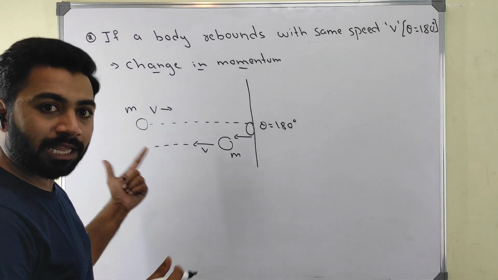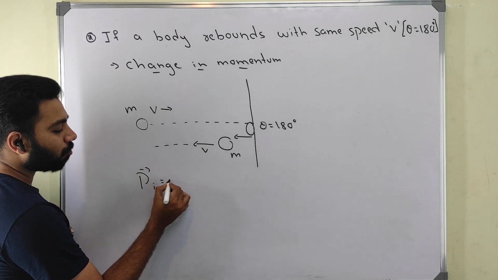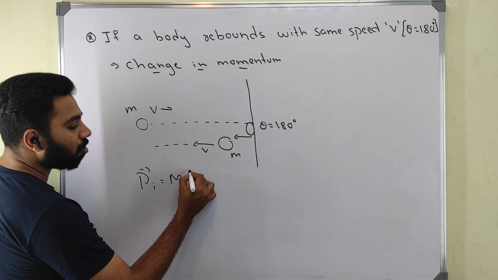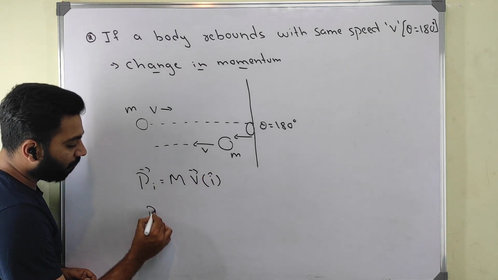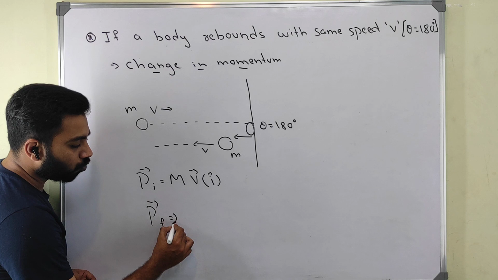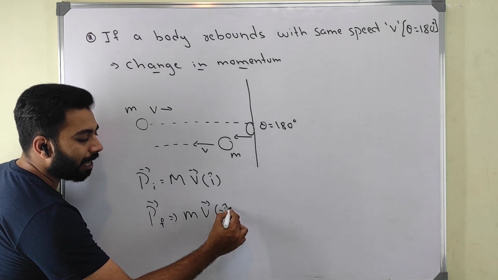Now what is the change in momentum? See, from here we know our initial momentum is equal to mass into velocity, and this velocity is in i cap. Now my final momentum is equal to mass into velocity, where the velocity is in the minus i cap direction.